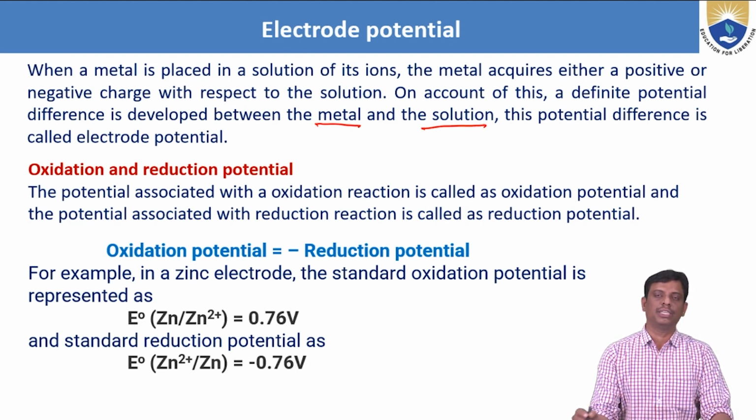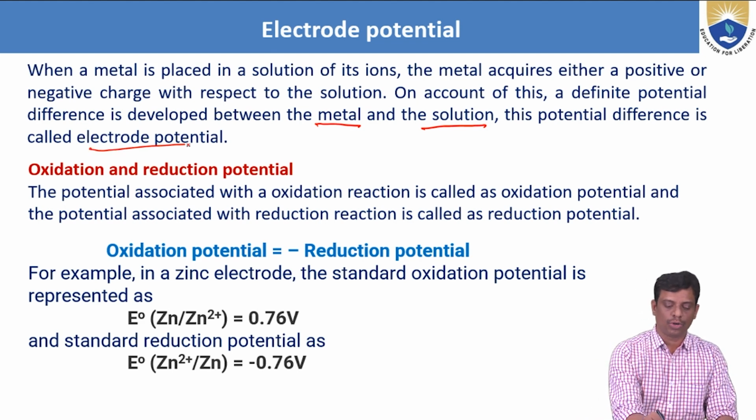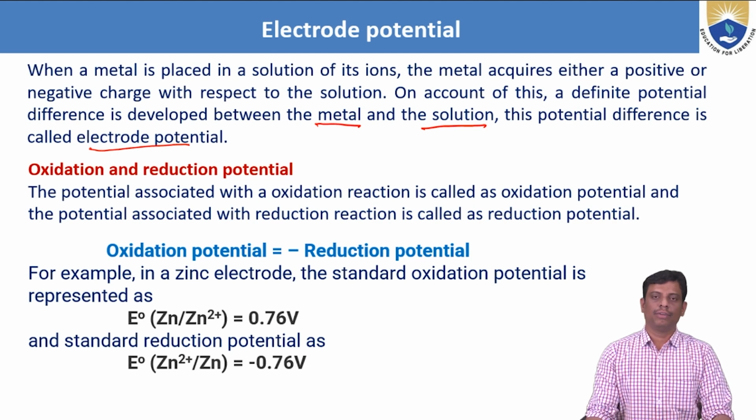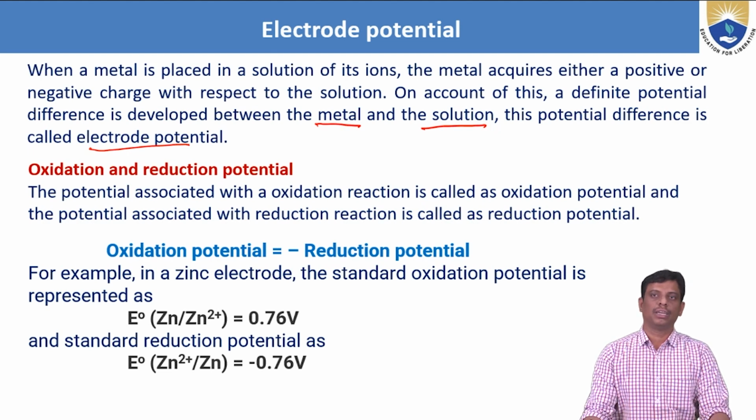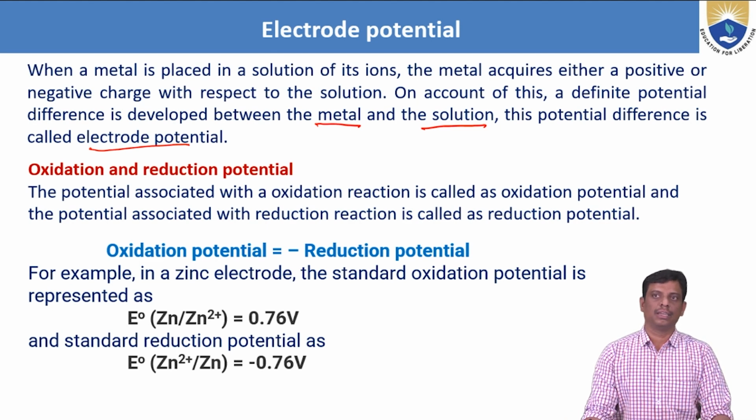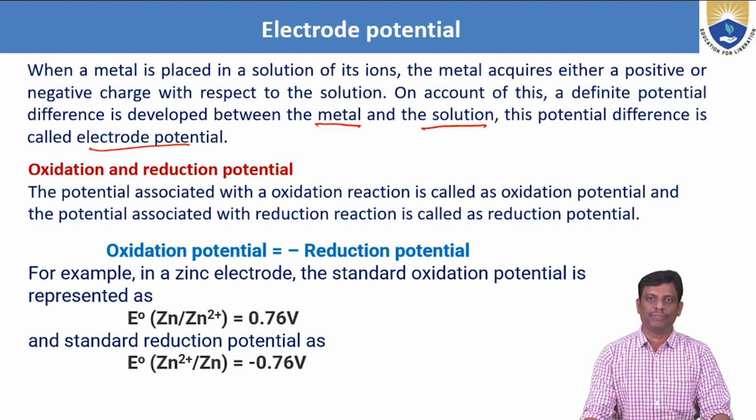Thus, this potential difference is called the electrode potential. It arises when a metallic electrode is immersed in its own electrolytic solution, and due to the positive or negative charge of the ions moving toward the metal electrode, a potential develops between the metal and the solution.